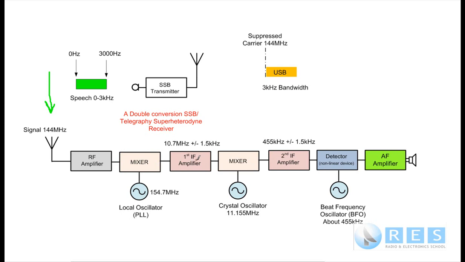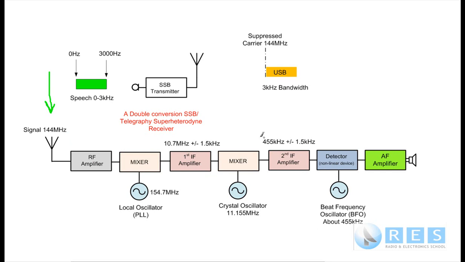And remember, all of the amplification done with single sideband and double sideband must be linear, otherwise we get mixing. So a very strong signal coming down here could very well overload one of the IF amplifiers or the RF amplifier, and that would cause distortion in our speaker output.